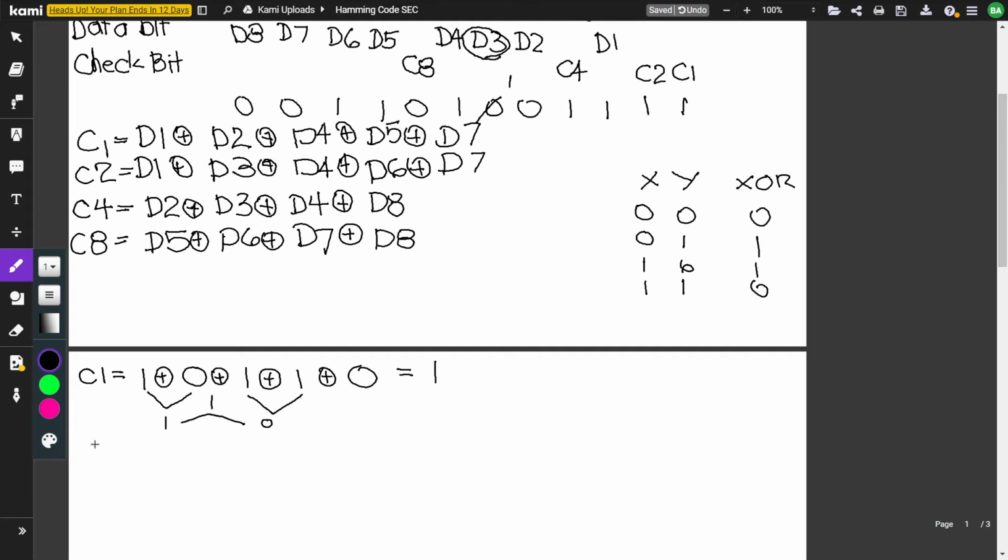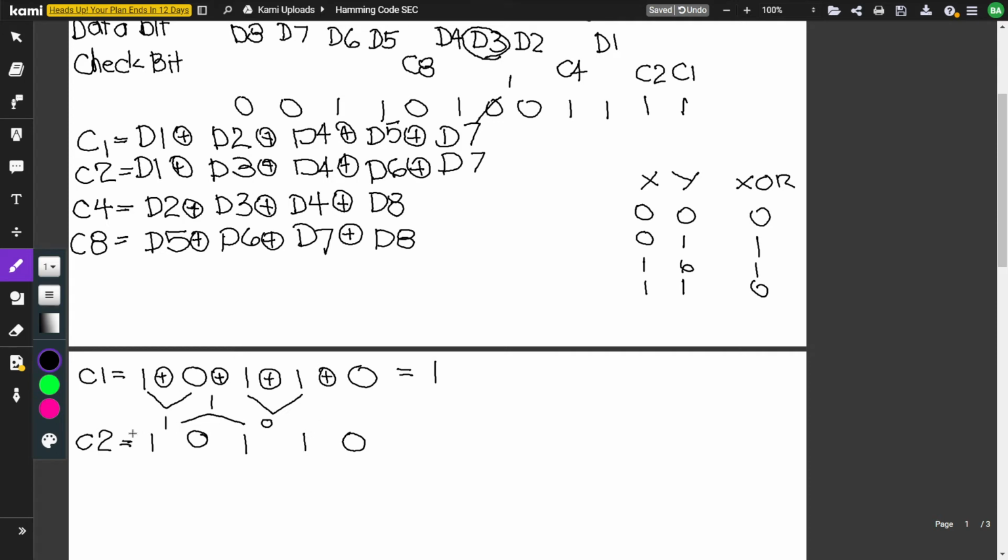Next we have C2. Get the exact values. D1 is 1, and D3 is the original value, which is 0. D4 is 1, D6 is 1, and D7 is 0.